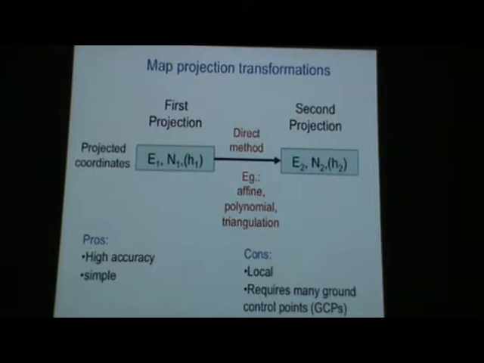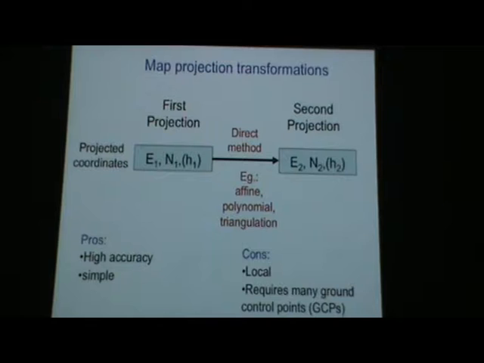Okay, map projection transformations. This is our very favorite figure. If you have two coordinate systems, there is the direct method to convert from one coordinate system to another. You have easting and northing, E and N, values in one coordinate system, and you want to transform them to another one.